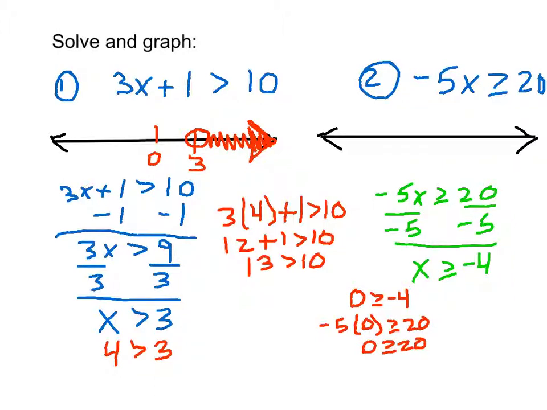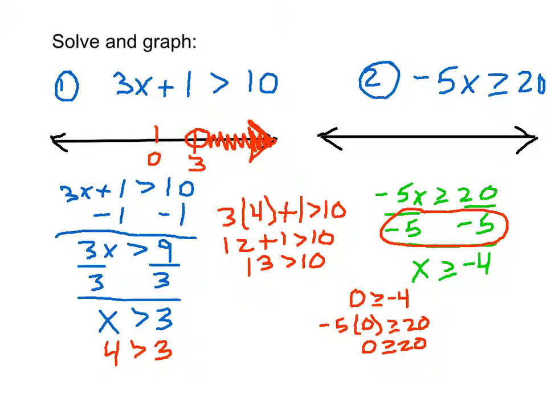Okay, something's wrong here. I solved that inequality, and I should be able to choose any number greater than negative 4 and have it work in the inequality, but it didn't. I chose a number greater than negative 4, and it did not satisfy the inequality. The reason why is because of this step right here. We are dividing by a negative number.